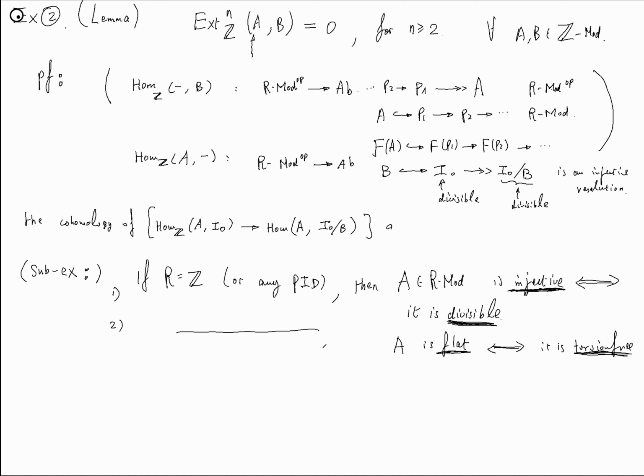Cohomology of this gives, by definition, this group, and this gives you the proof.